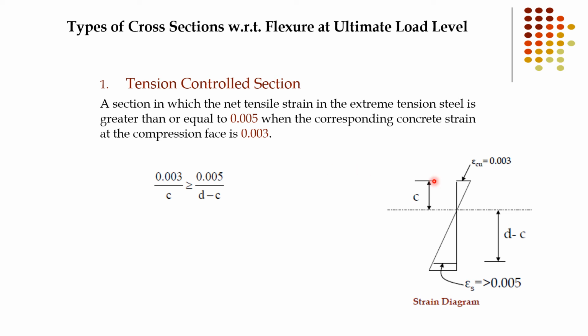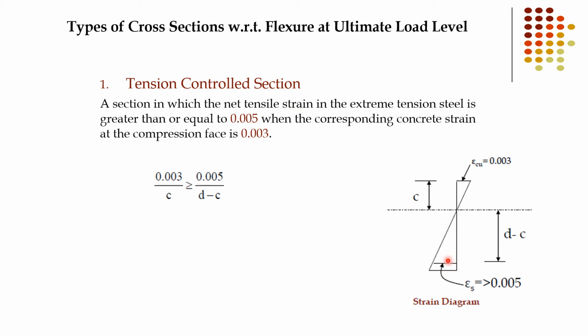It means when the concrete strain is 0.003 and the strain in steel is equal to or greater than 0.005, then the section will be called a tension control section.